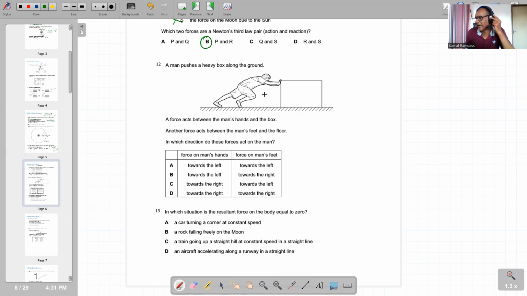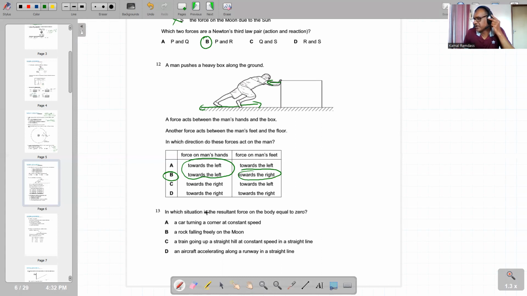Force on man's hand: the man pushes the box and the box pushes the hand in this direction. Force on man's feet: the person pushes the ground in this direction and the ground pushes back in this direction. So the force on man's hands is toward the left and the force on man's feet is toward the right. This is the correct answer.